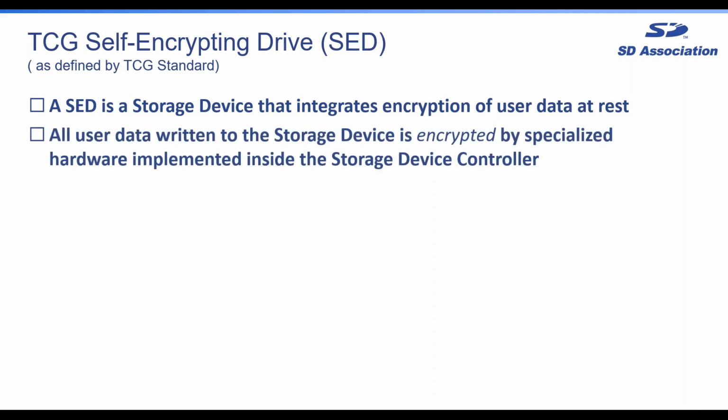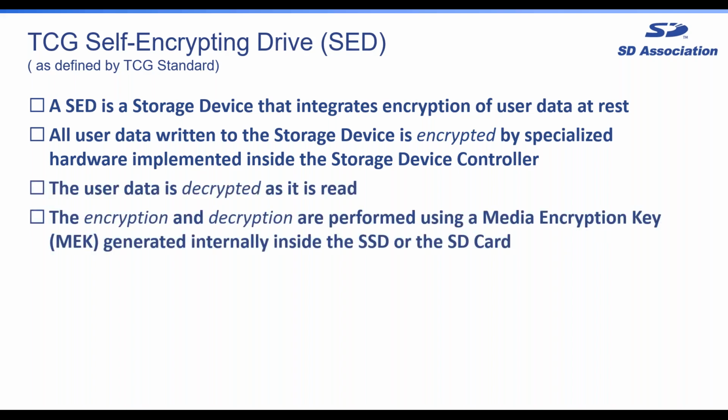Upon write, the user data is encrypted by hardware means in the storage, and decrypted on read. The encryption and decryption are performed using a media encryption key, called the MEK, which is generated internally inside the SD card and is not transferred over the wire.